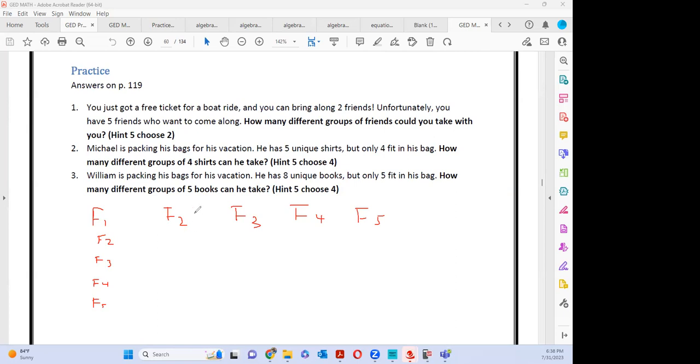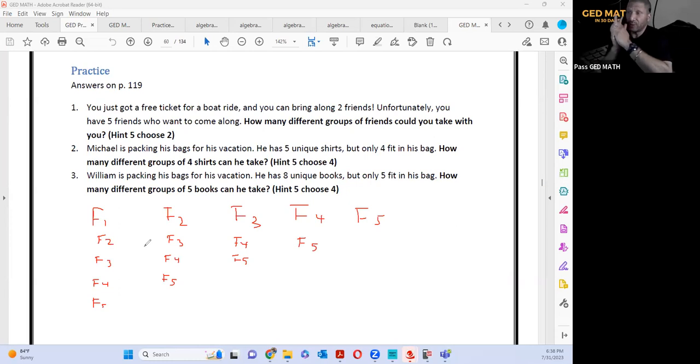If you bring friend 2, you could also bring 3, 4, or 5. You could also bring 1, but that is already accounted for, so we don't have to count it again. If you got 3, you could also bring 4 or 5. Then if you got 4, you could also bring 5. So now you have to count each one over and over.